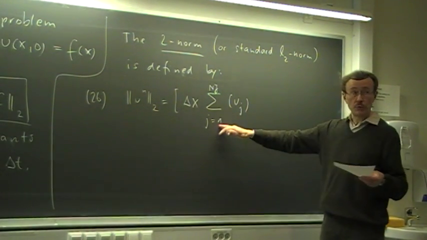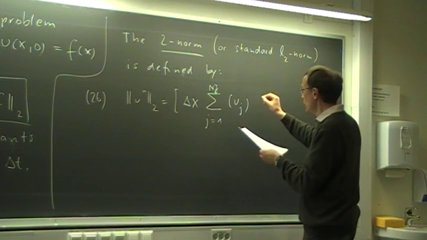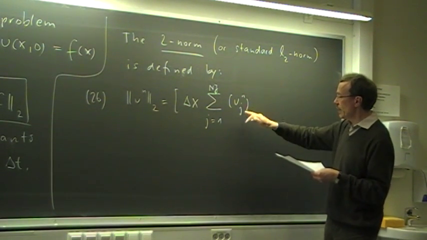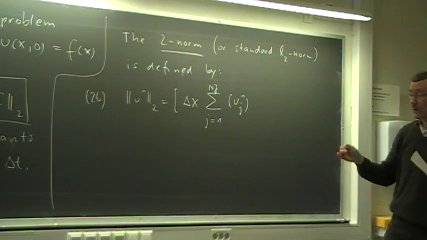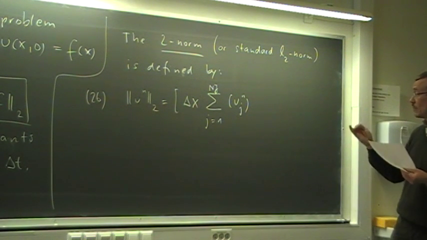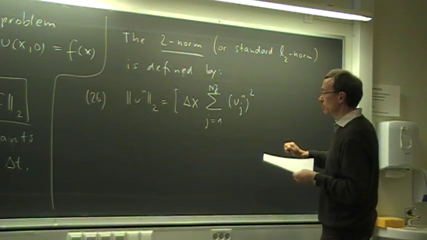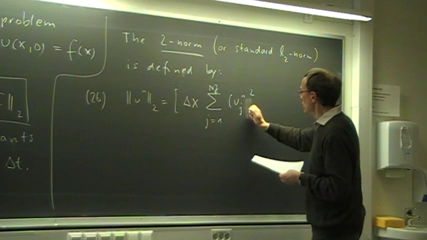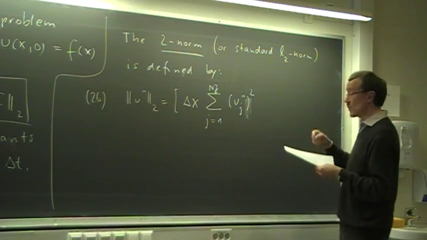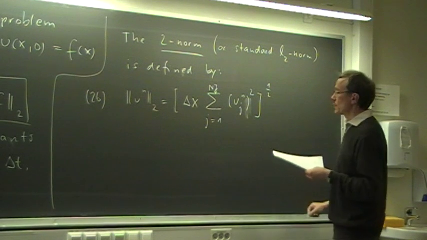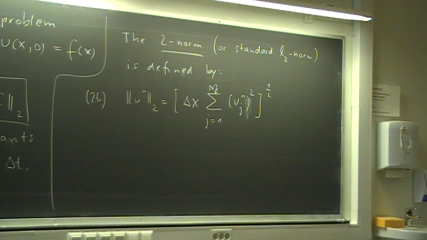Otherwise you would also include the 0, that is not a problem. Then we take our numerical solutions, ujn, which approximate the exact solution at the grid point xj, time level tn. We take those to the power 2. So we square our numerical solution, sum, and take the square root of that. That is the definition.